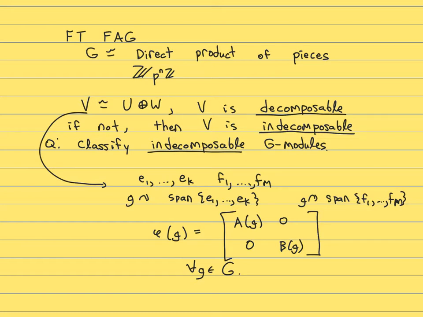Or equivalently, is there one single matrix P such that for all group elements, when you conjugate by that specific matrix P you found, you end up with something block diagonal.